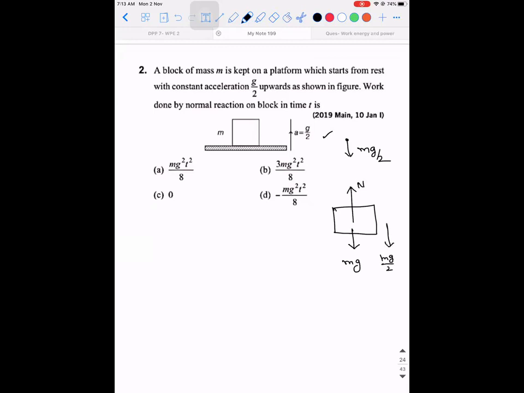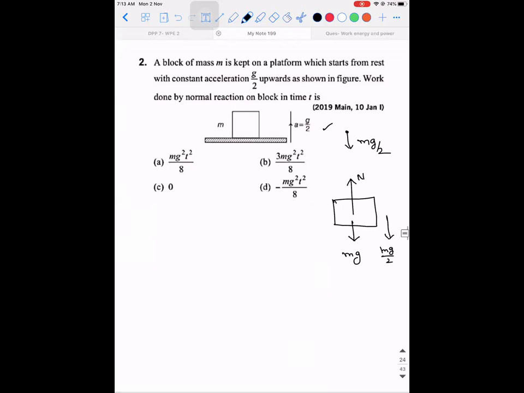See, actually, you might think non-inertial frame is going to be tough, but think of this aspect. Always when there is a question based on work done, what did I say? When you need to calculate work done, what are the questions you need to ask?